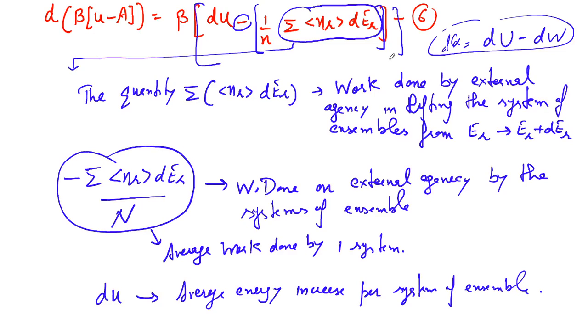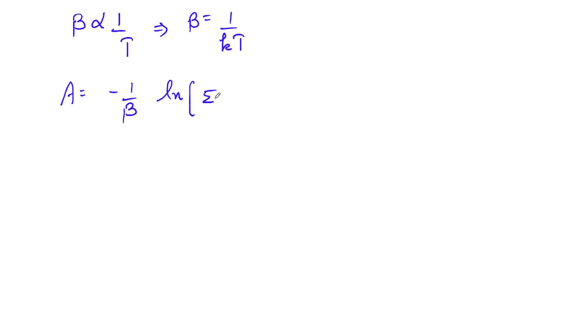In this equation we know that beta is inversely proportional to temperature, so we generally write it as 1 over kT, where k is the Boltzmann constant, and our A value is minus 1 over beta log of summation of exponential of minus beta into Er.